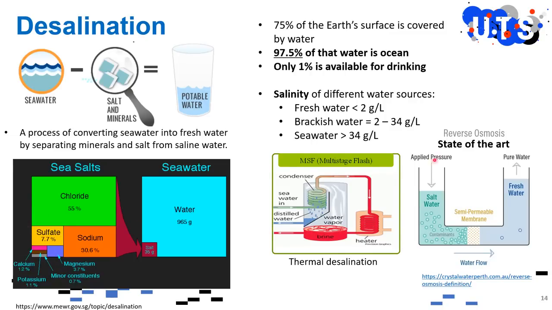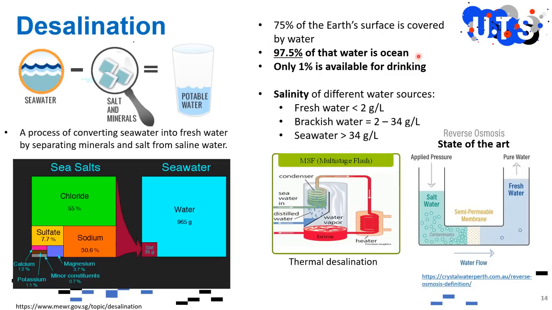So we need some pressure to only allow the water to pass through and not the salt, right? Seawater has a lot of water, only 35 grams of salt for every 965 grams of water. So there's a lot of opportunity to get fresh water out of seawater. And besides, we know that almost 98% of the water in the world is ocean or seawater, so there's a vast resource for this, right?